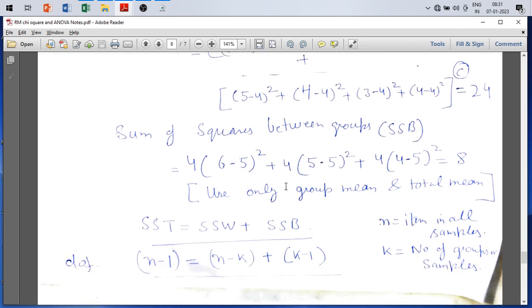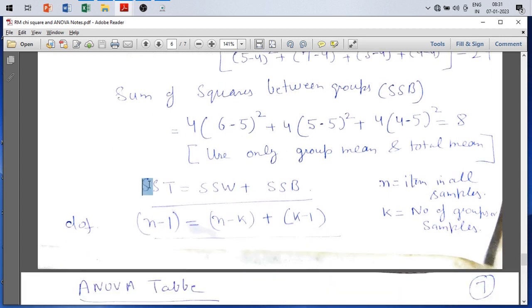For each value we'll have to use that. And it turns out that the sum of square total, which is kind of the total variation in the data, turns out to be equal to sum of squares within the group plus sum of squares between the group. Okay, it turns out to be like that. It can be proved, but we are not interested in that here. So effectively, what is done in ANOVA is the total variation, this SST, is split into two parts.